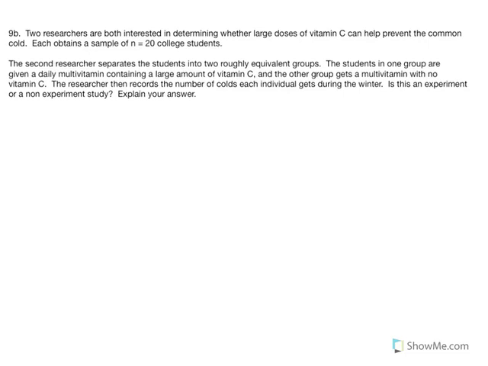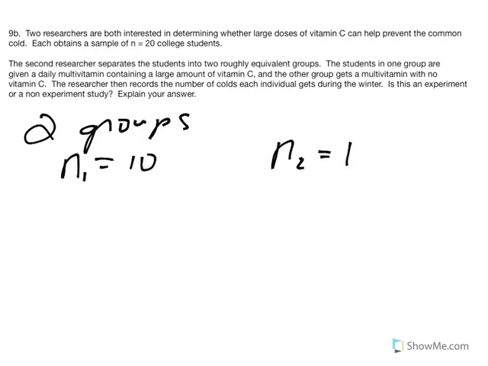So again, that's key. We have two groups. Let's say N1 is equal to 10, and N2 is equal to 10. So we have a total of N equals 20. Okay, so again, the fact that we have two groups already tells us that we're working with an experiment. Let's see what we do with those groups.